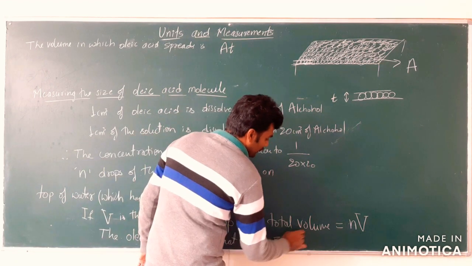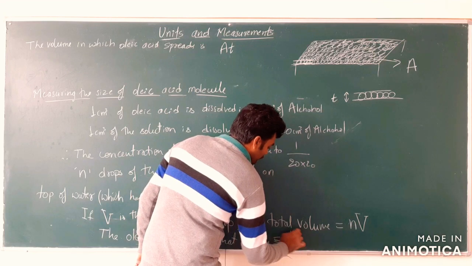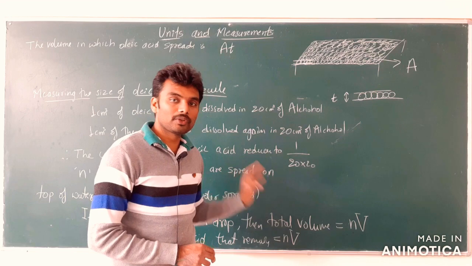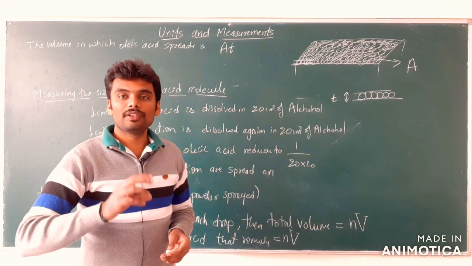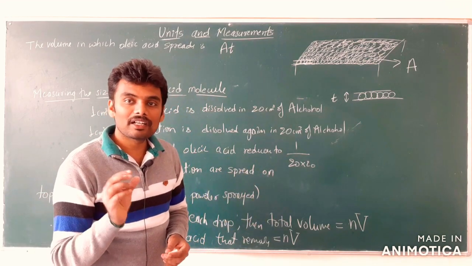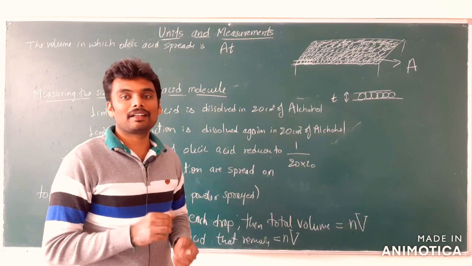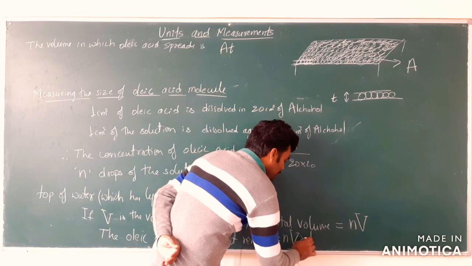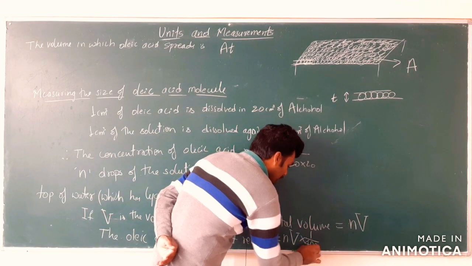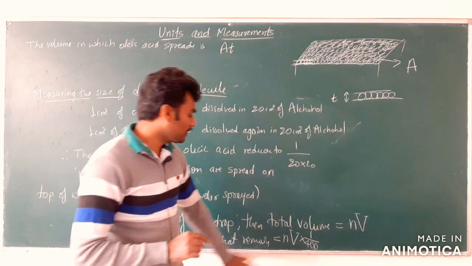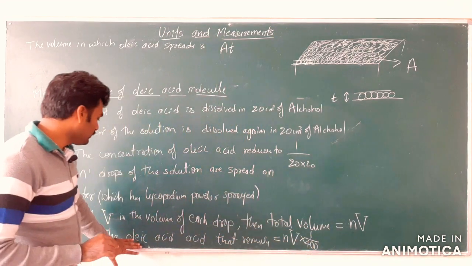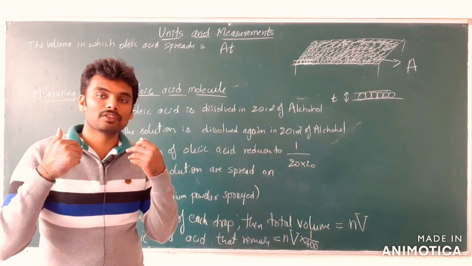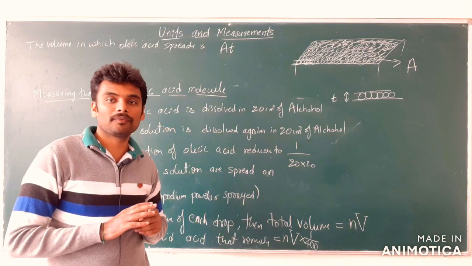is equal to, see, NV is the total volume of solution, out of which only 1/400 part is oleic acid, the rest is alcohol, it will get evaporated. So NV into 1/400 is the actual volume of oleic acid that will remain on the surface of water, the rest everything is alcohol, it will get evaporated.